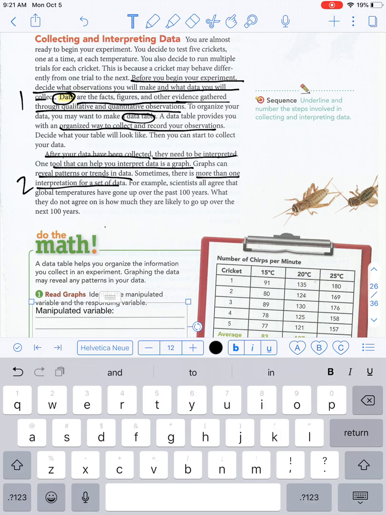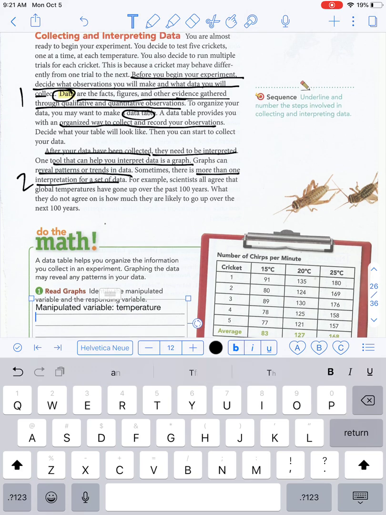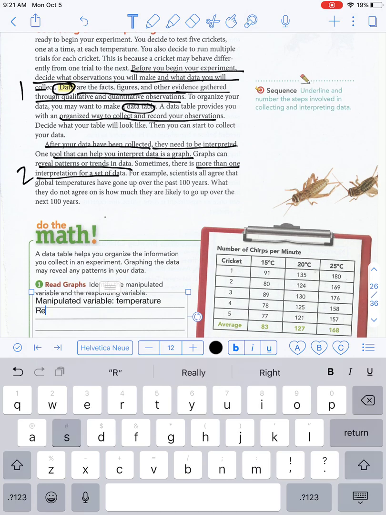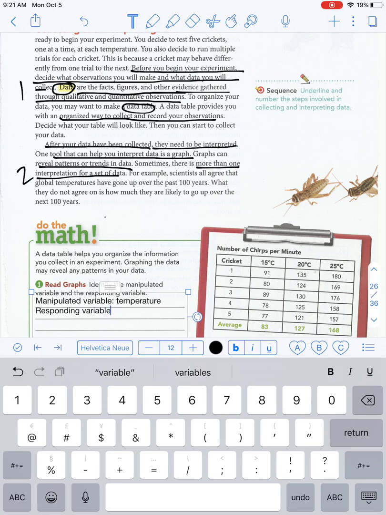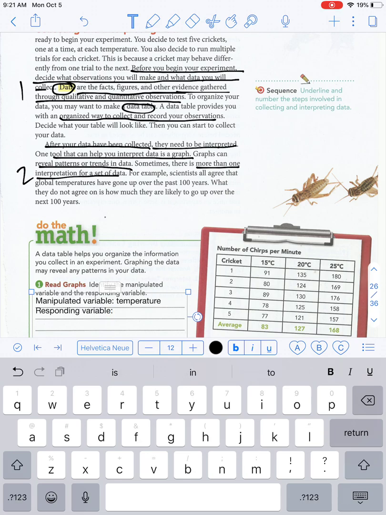So what is the one that we're changing? Right, that is our temperature. Our responding variable is what then? Our responding variable is the number of chirps per minute.